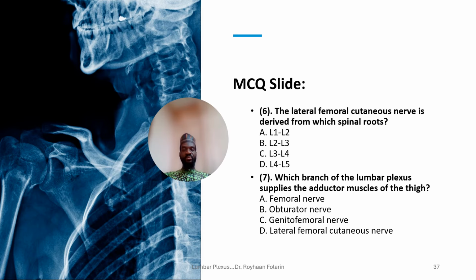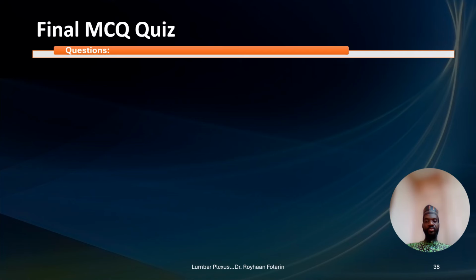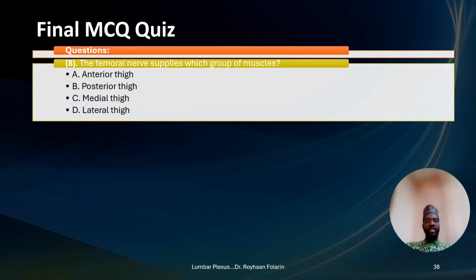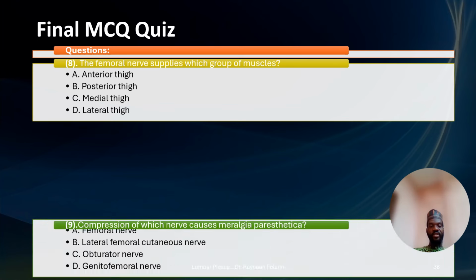The sixth question: what are the spinal roots of the lateral femoral cutaneous nerve? The seventh question: which branch of the lumbar plexus supplies the abductor muscles of the thigh? Is it the femoral, the obturator, the genitofemoral, or the lateral femoral cutaneous nerve? Question 8: the femoral nerve supplies which group of muscles? The anterior, posterior, medial, or lateral thigh?